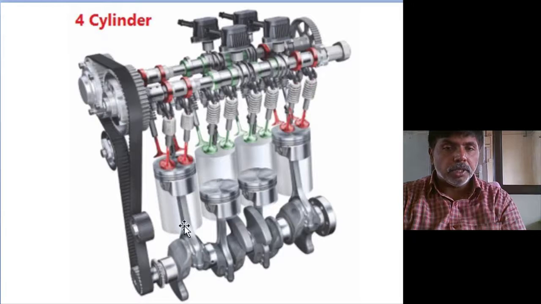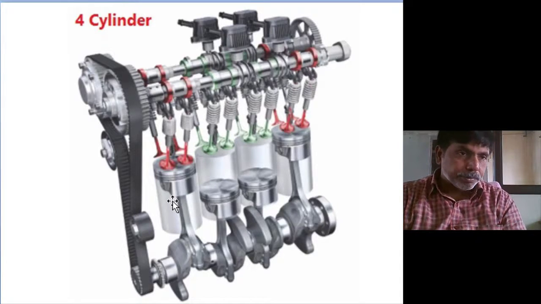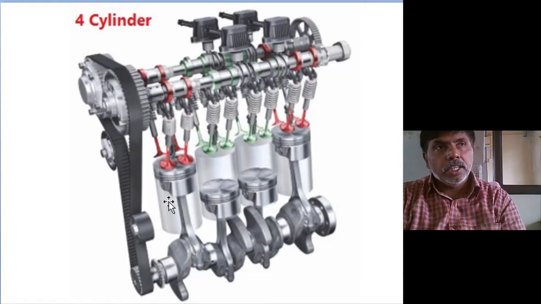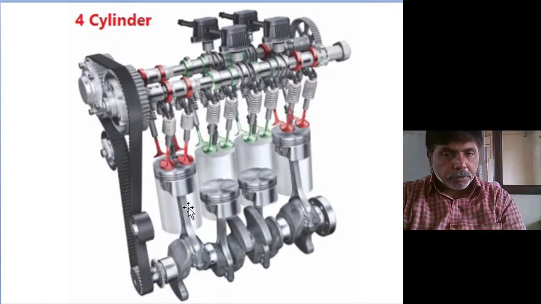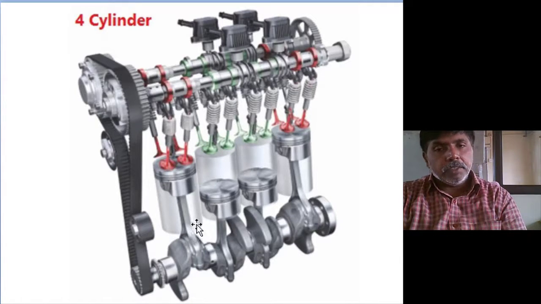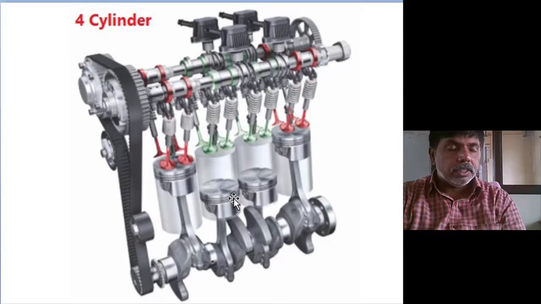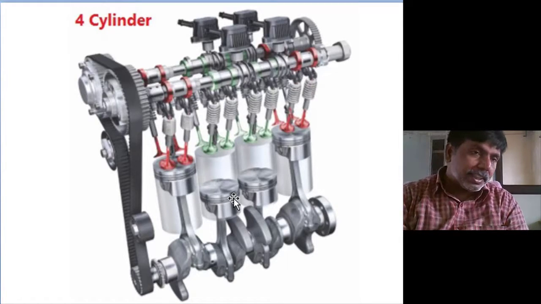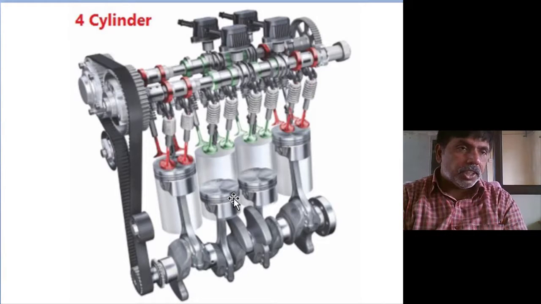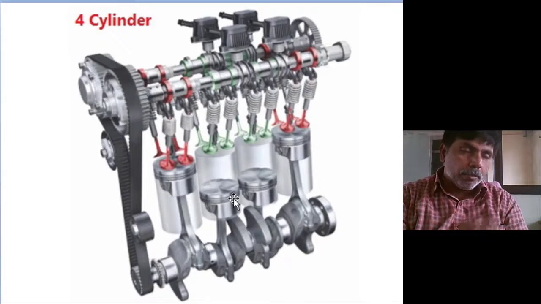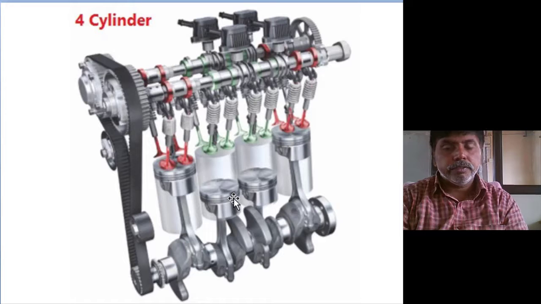I want to determine this cylinder's indicated power, not friction power. I will cut off the supply of the first cylinder, then run the engine with the remaining three cylinders. At what speed? The same earlier speed, 1500 RPM.